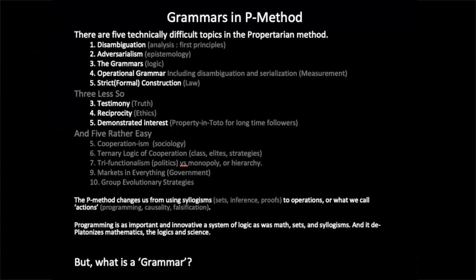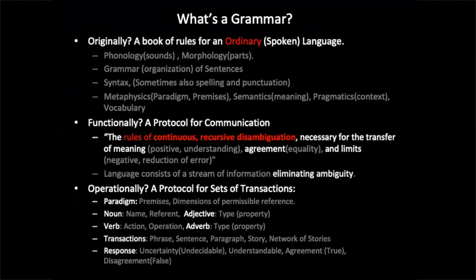But if we're talking about how we're changing grammar around, what is a grammar? Well, originally it's how to write well, but technically it's a book of rules for an ordinary language. The discipline of linguistics might refer to ordinary language or natural language.